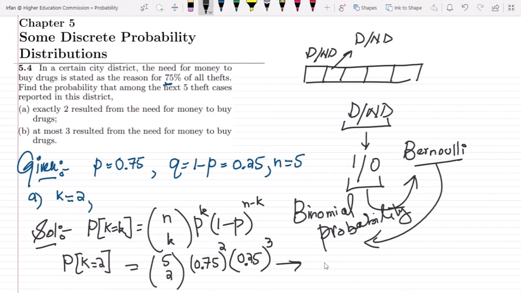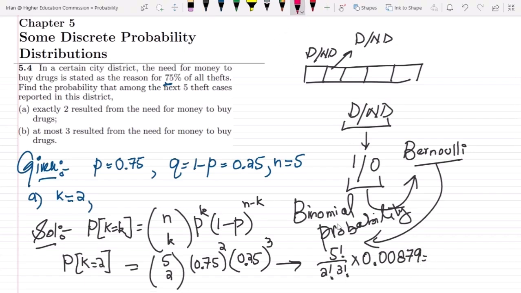Okay, so let me find it out. It would be 5 factorial divided by 2 factorial and 5 - 2 = 3 factorial, multiplied by 0.75 squared and 0.25 cubed. What would it be?